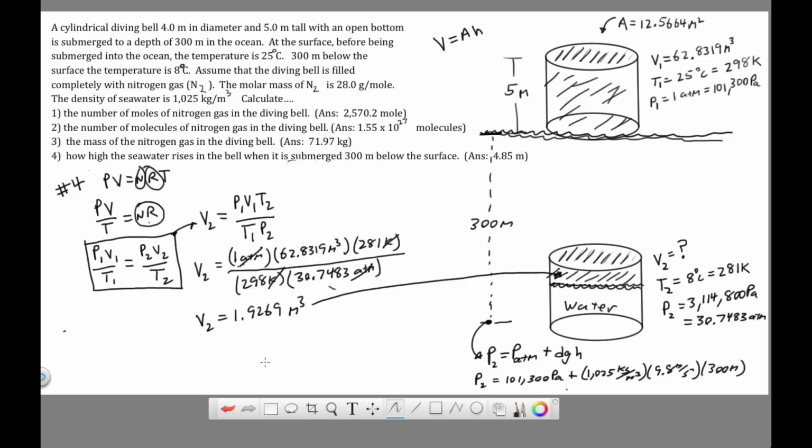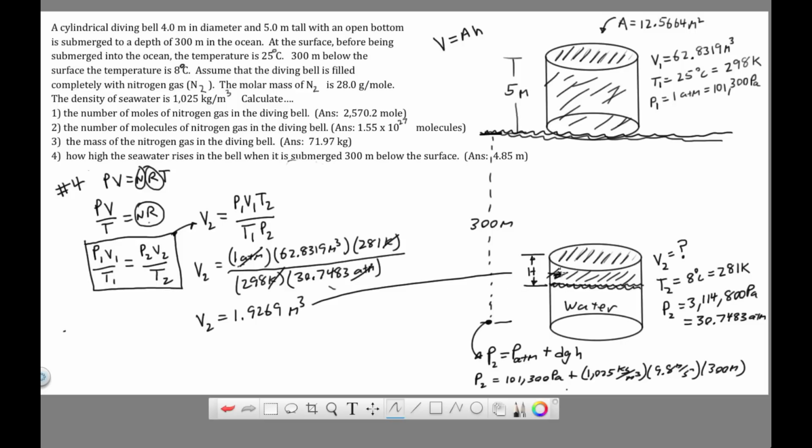All right, so the next thing we're going to calculate is, clean this up right here. So we are now going to calculate what this height is right here. So I'm going to put this down as a capital H. Okay, so the gas has been compressed.